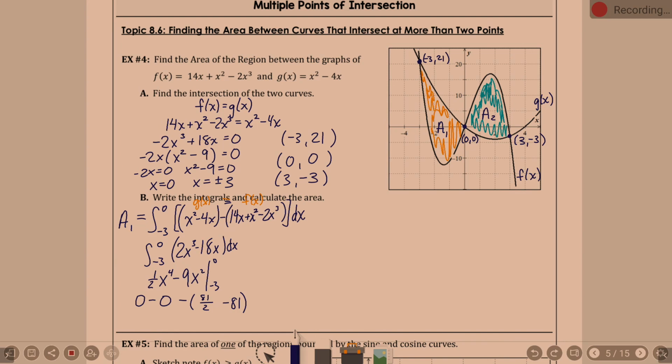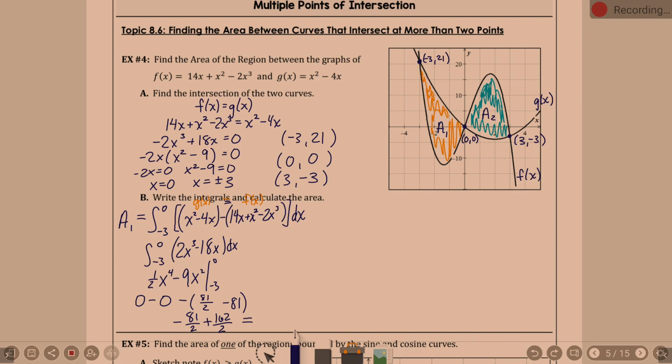Okay, clean it up somehow or another, yes? So if I say -81 halves plus, if I double that to get a common denominator, 162 halves.